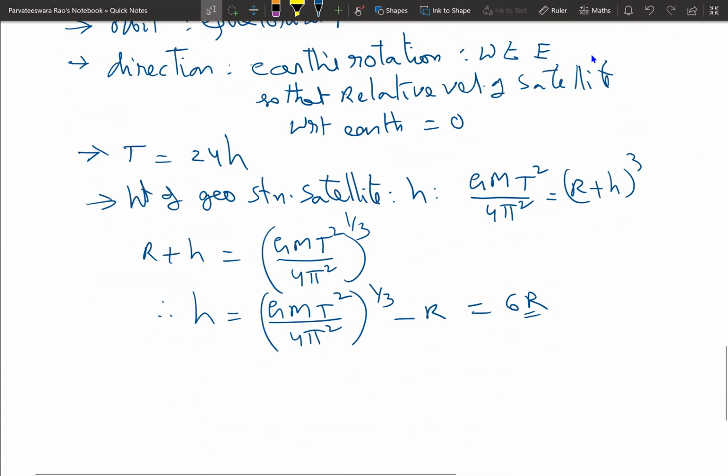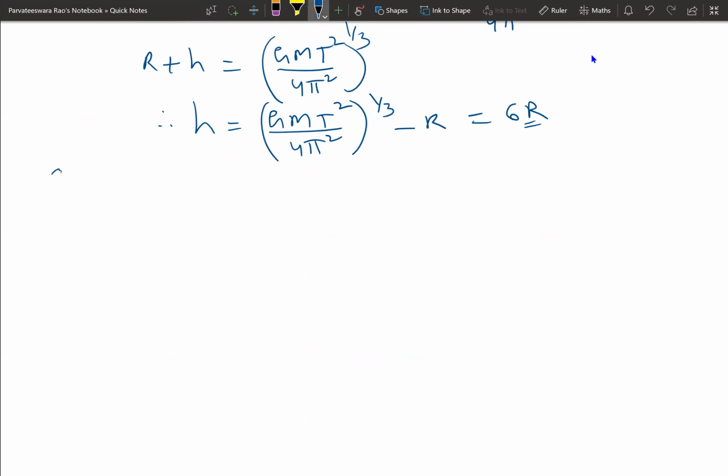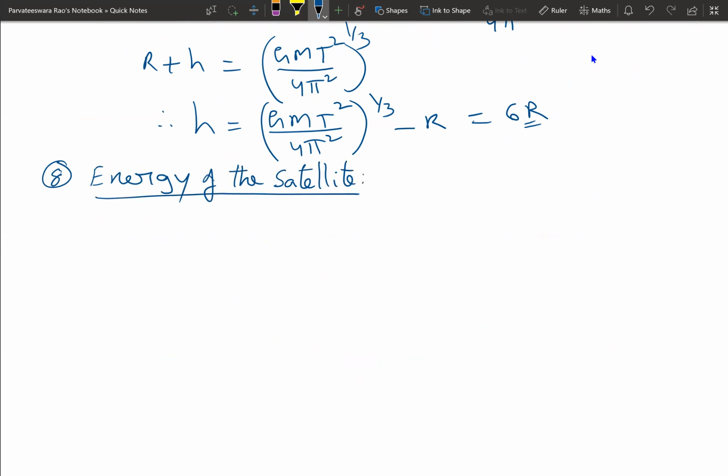Good. Now the last one in this is energy of satellite. Every satellite in its orbit is moving with some velocity and its configuration is stable with respect to the Earth.